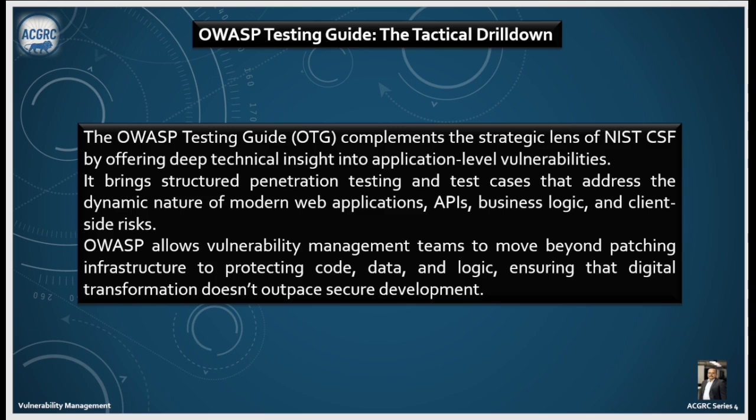It brings structured penetration testing and test cases that address the dynamic nature of modern web applications, APIs, business logic, and client-side risk. OWASP allows vulnerability management teams to move beyond patching infrastructure to protecting code, data, and logic, ensuring that digital transformation doesn't outpace secure development.